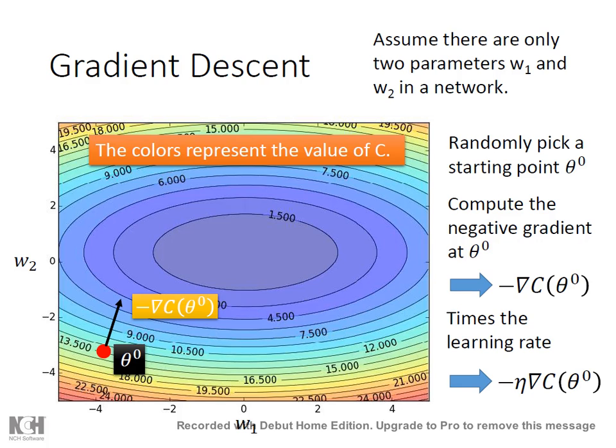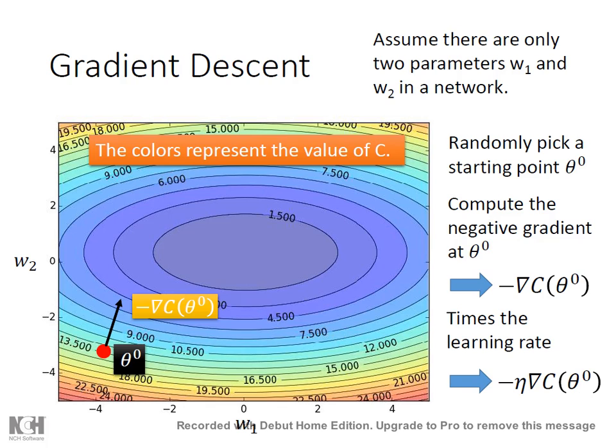So in practice, it's not very easy. So we introduce another technique called gradient descent. Gradient descent uses the knowledge of calculus derivatives.